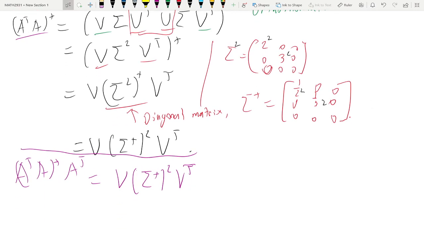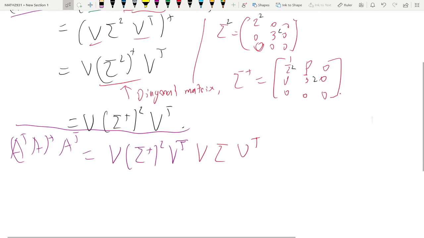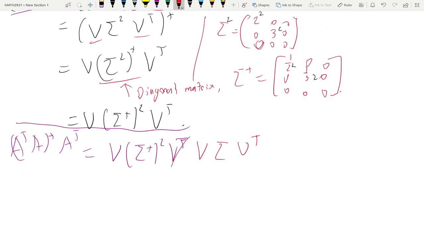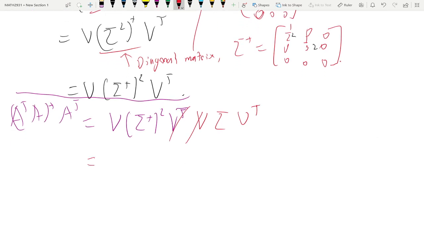Well, we're interested in A transpose, so V goes over here. Sigma is a symmetric, diagonal matrix, so it's fine. Right, just do that. These cancel out as it's orthonormal, and you end up with V sigma plus squared sigma, oh no, not V, U transpose.